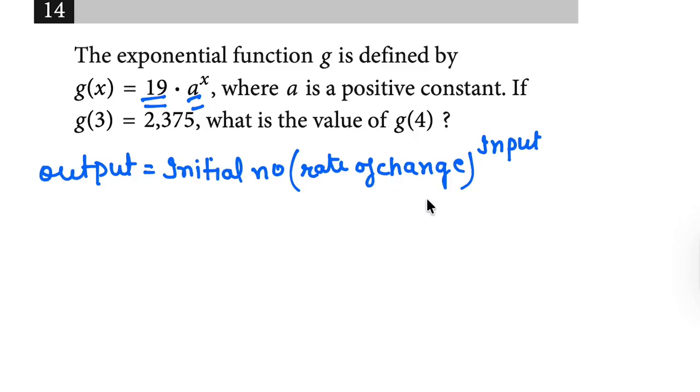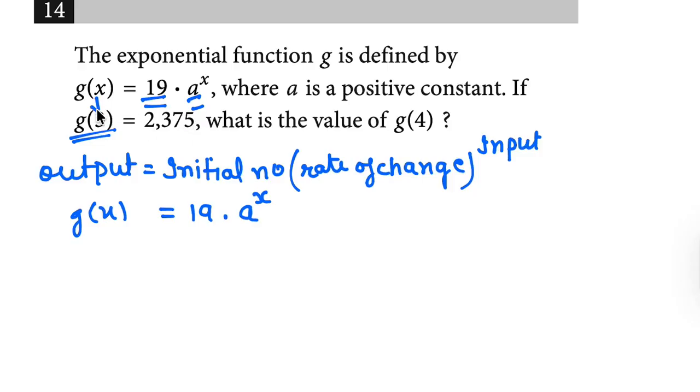Okay. Now let's see this equation in this scenario. A simple equation is there. Output is g(x). 19 is the initial value. It's a to the power x. Now it's given g(3) is equal to 2375.